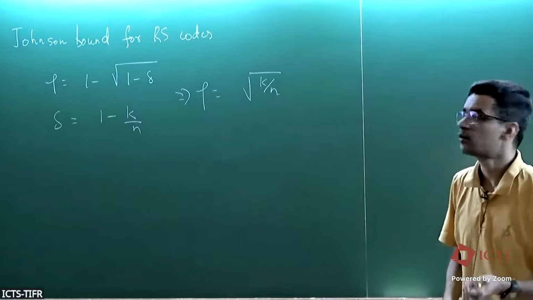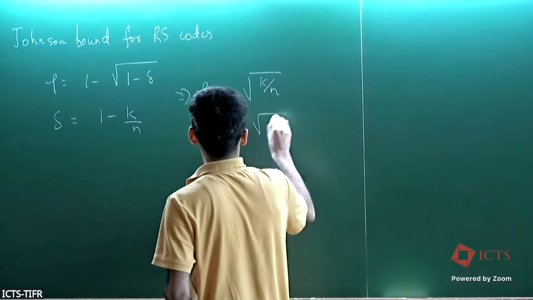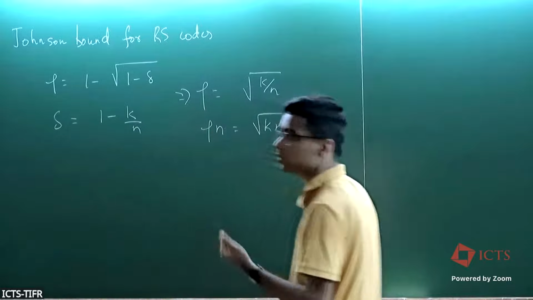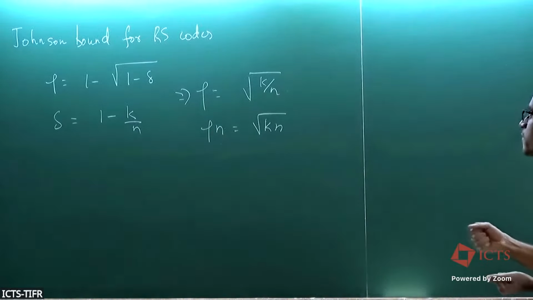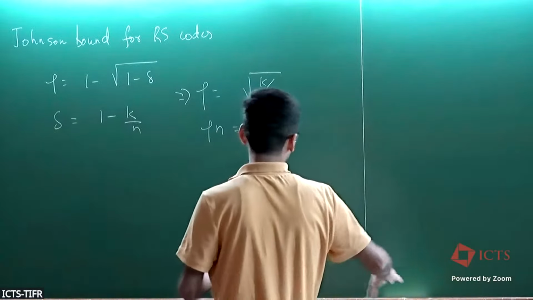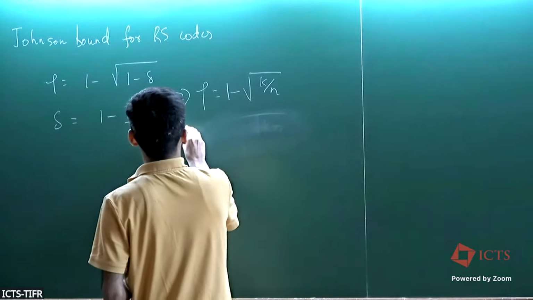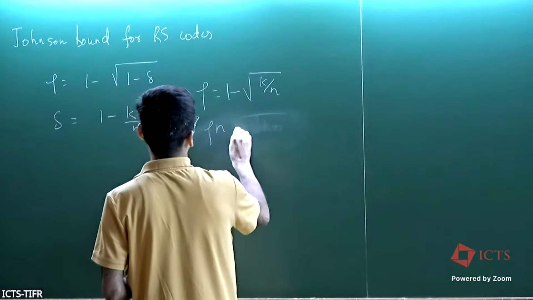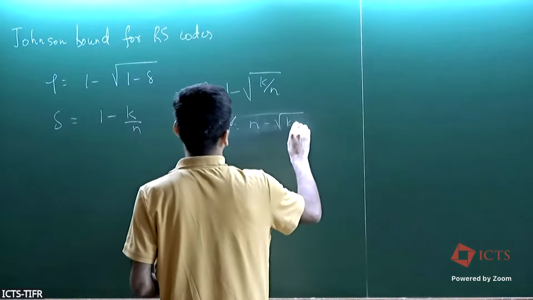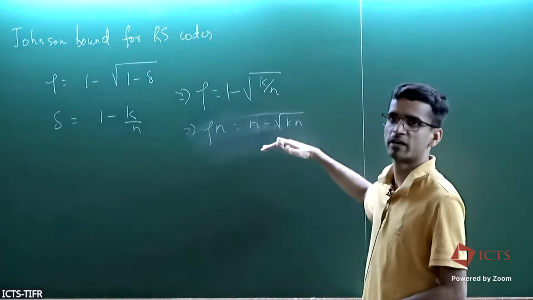So we want to decode Reed-Solomon codes, and rather it's easier to talk about rho n, which is n minus square root of kn. So we want to decode Reed-Solomon codes with agreement being square root of kn, that is, from error n minus square root of kn.